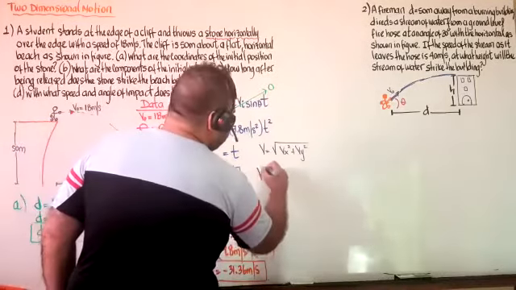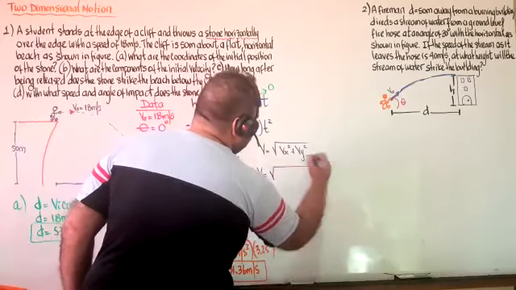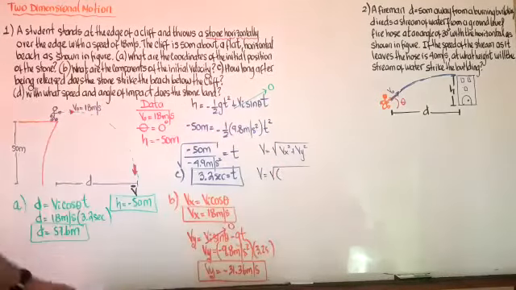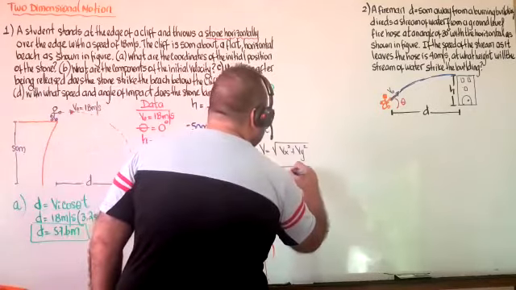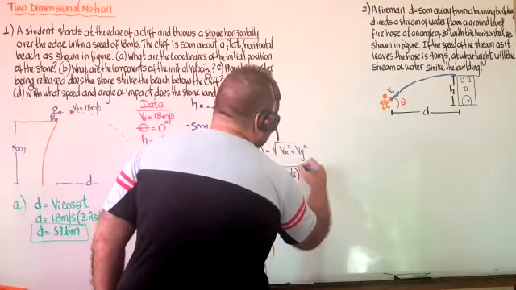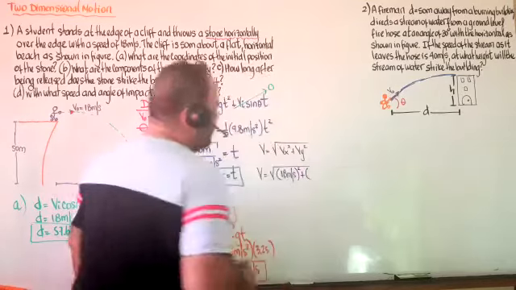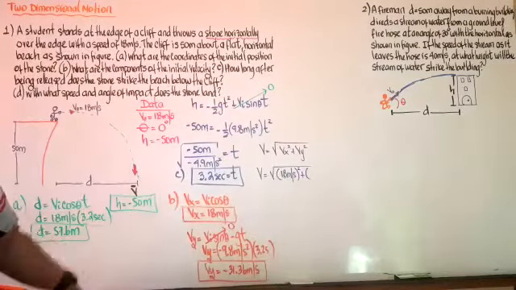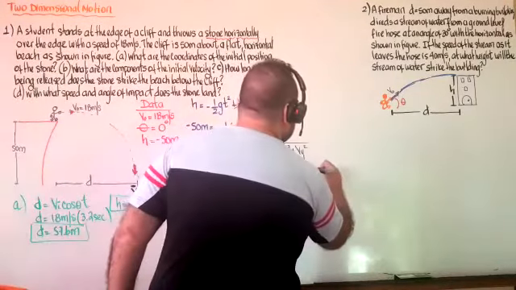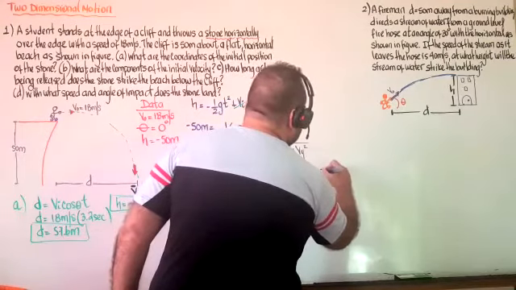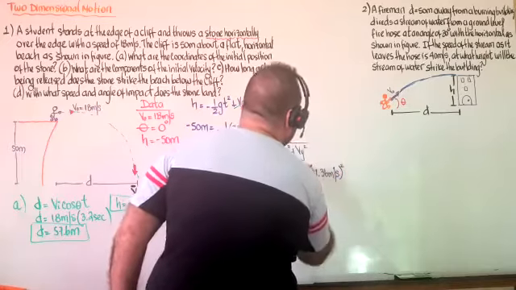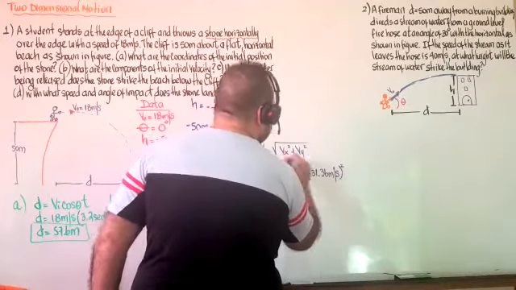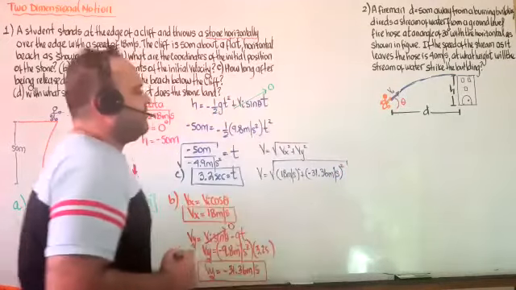For that reason, V equals the square root of what? Parenthesis, x velocity 18 meters per second elevated to the second power, plus open parentheses negative 31.36 meters per second close parentheses elevated to the second power.